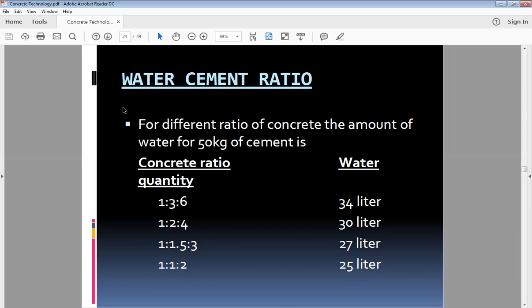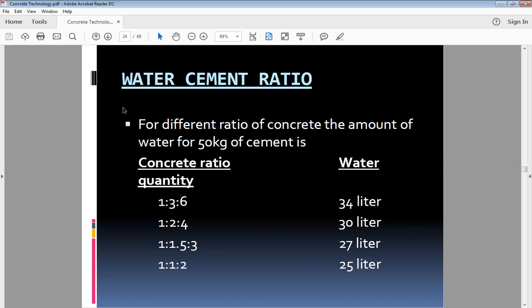Okay sir, one means 50 kg cement, and then for fine aggregate we have to multiply by 3? Yes. If it is 1:1:2, then it will be 50 kg of cement, 50 kg of fine aggregates, then 100 kg of coarse aggregates.